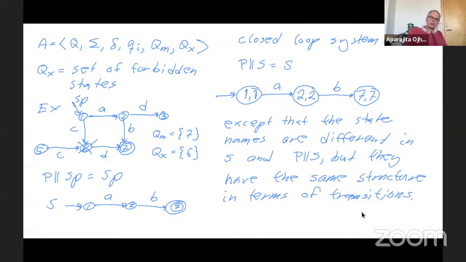I would like to reach that, and I would like to avoid state 6. And still, I also would like to avoid this blocking state. What is then the supervisor?